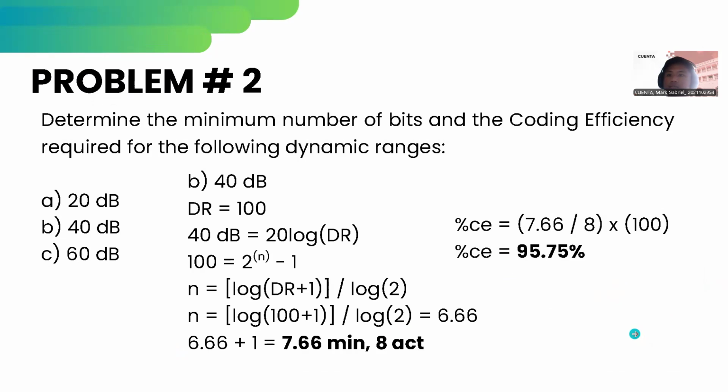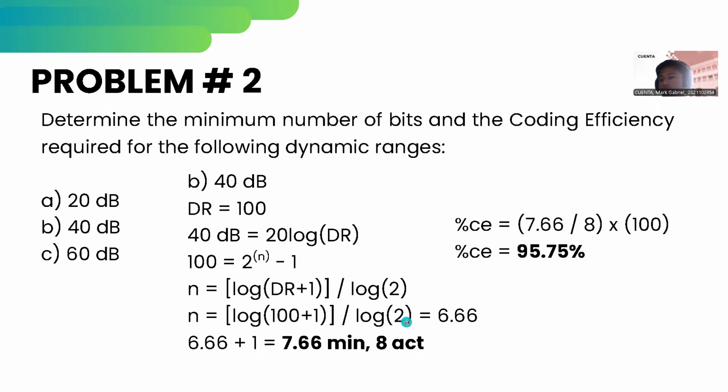Next, for 40 decibels, the DR is 100, then again, same formula, but different values. So 40 decibels is equal to 20 log DR, then 100 is equal to 2 raised to n minus 1. So same formula for n. So substitute log 100 plus 1 over log 2.